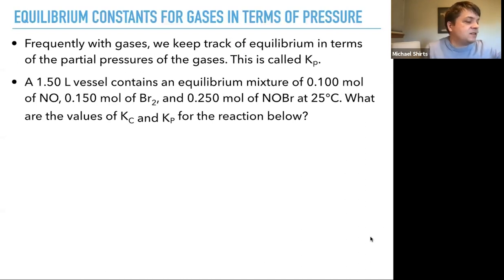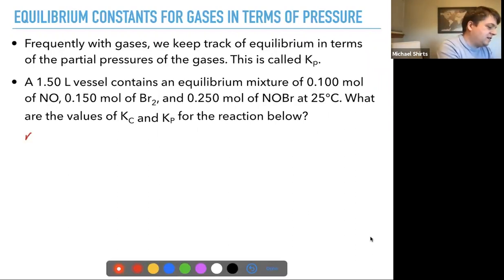A 1.5 liter vessel contains an equilibrium mixture of 0.1 mole NO, 0.15 mole of bromine, and 0.250 moles of NOBr at 25 degrees C. What are the values of Kc and Kp for this reaction? Well, we can calculate the concentrations. Let's write the equilibrium constant in terms of Kc.